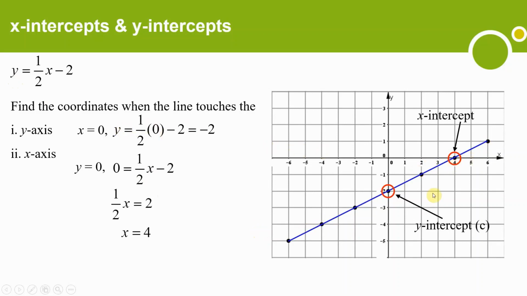The line touches the y-axis at negative 2, so that's why the y-intercept is actually negative 2. Whereas when the line touches the x-axis, x is 4, then y equals 0. So just remember this. For y-intercept, x equals 0. For x-intercept, y equals 0.